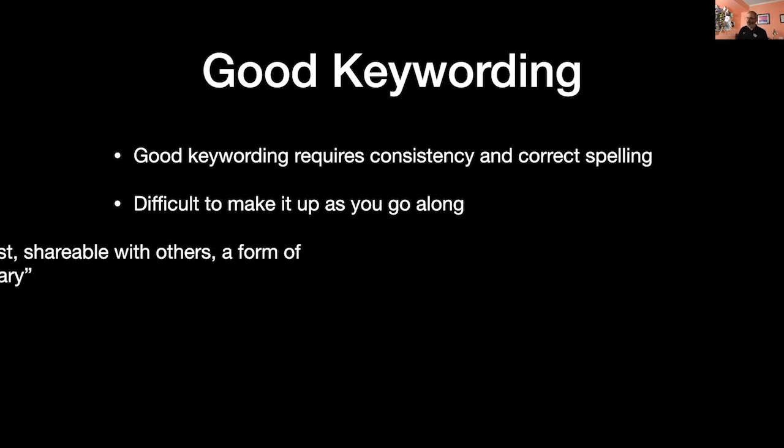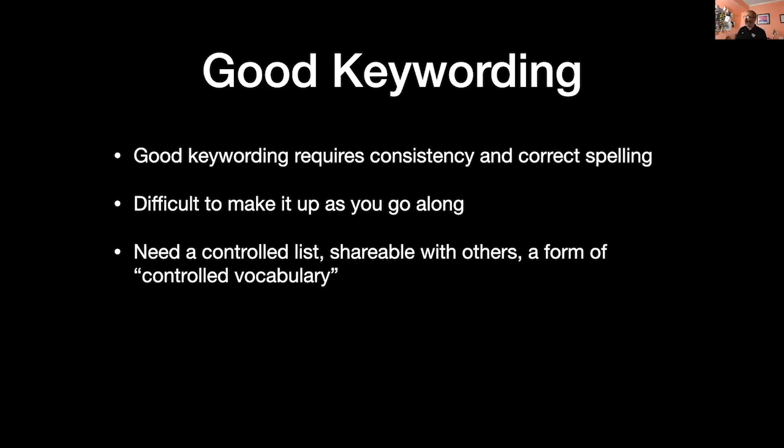So what you really need is a controlled list that you can share with people if there's somebody else in your office, some form of a controlled vocabulary. I know Peter Krogh talks about that in his book. Controlled vocabulary has a very specific meaning in library science, which is not how we're meaning it here, but you could talk to your librarians about that.